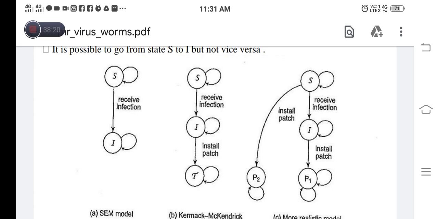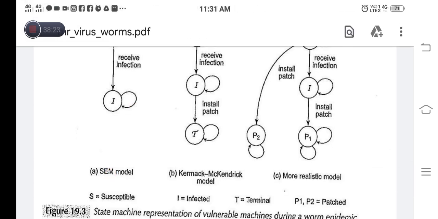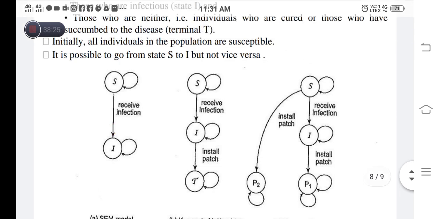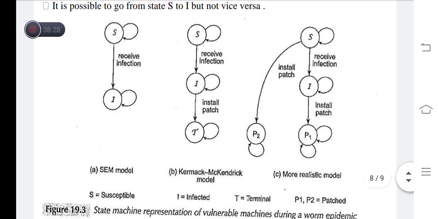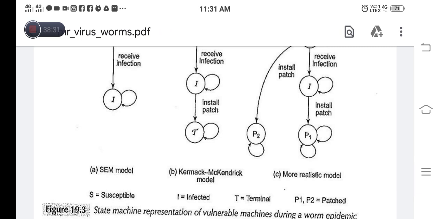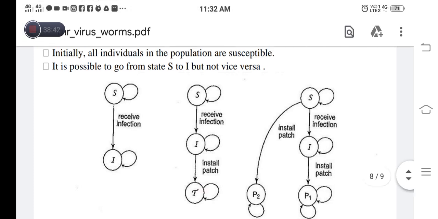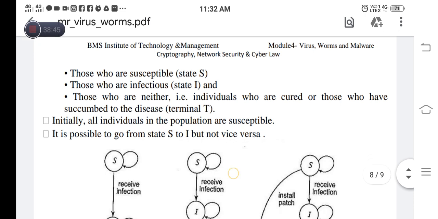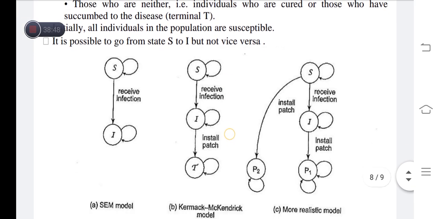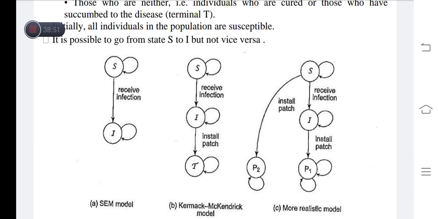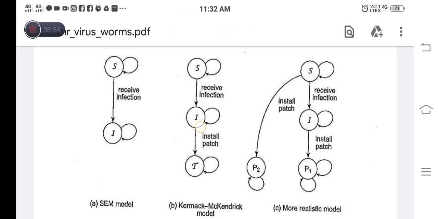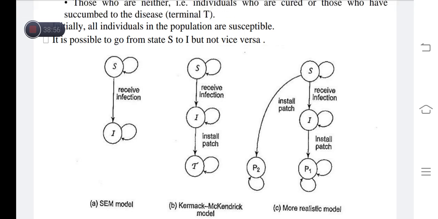This was the model used in the simple epidemic model, the SEM model, that we discussed earlier. Now in the middle we are seeing the KM model, which we are going to discuss now. In the KM model we have three entities: the susceptible entities, infectious entities and the terminal entities. Once the susceptible entity becomes the infectious entity, here we can add a patch.